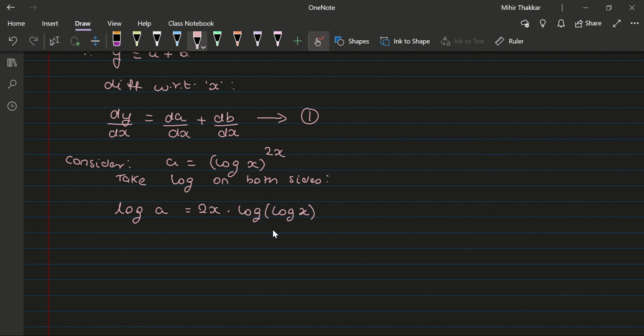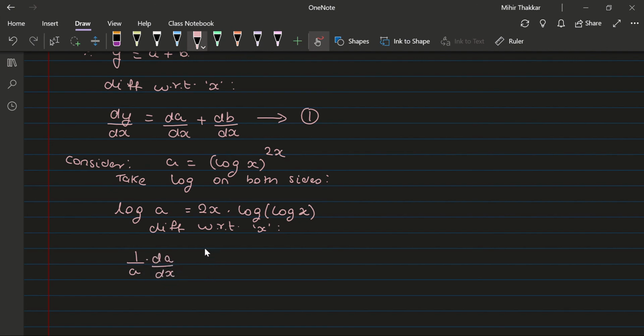Be careful with this, guys. It is log of again log x. We'll see how to differentiate this right now. Differentiate with respect to x. Just as we take the derivative of log y as 1 upon y into dy by dx, in the same way the derivative of log A will be 1 upon A into dA by dx.